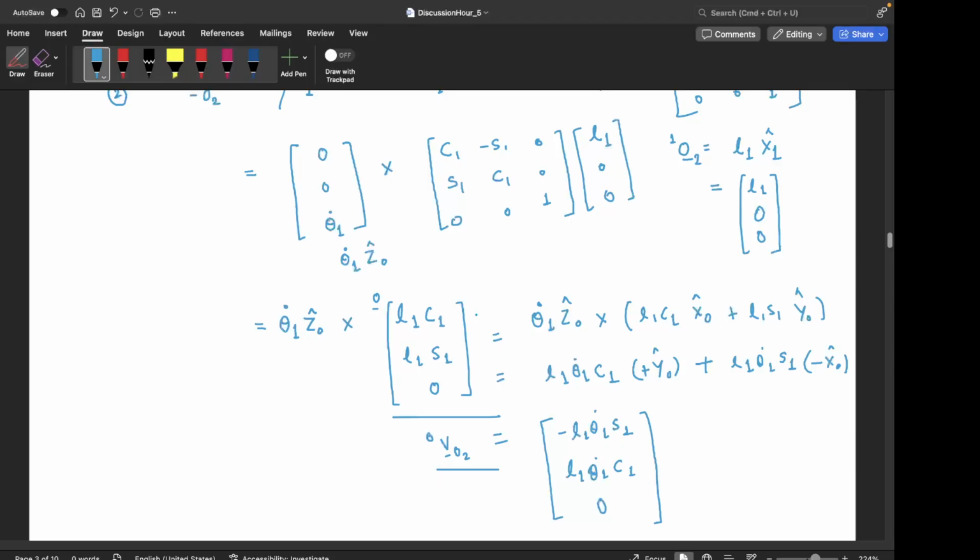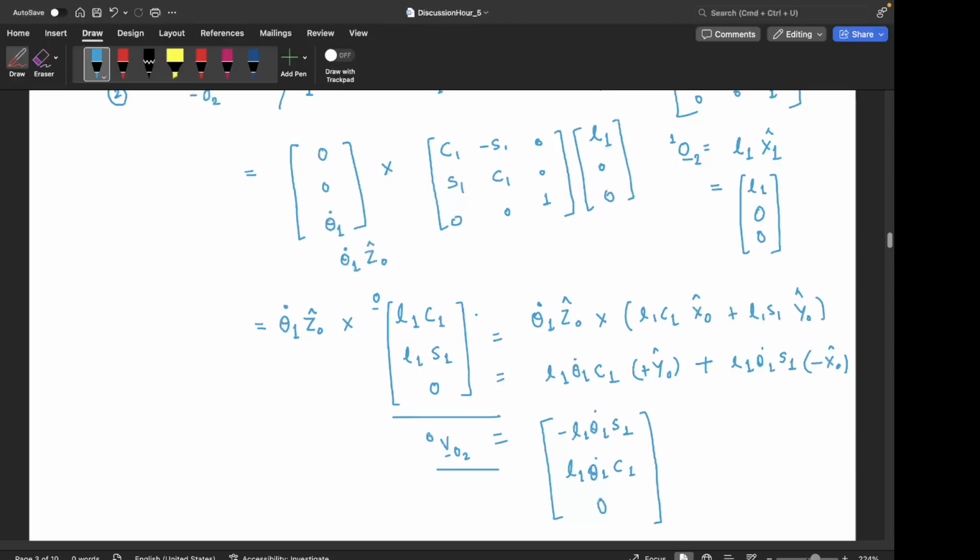Let's say I am saying this vector represents the velocity of frame 2 with respect to frame 1, right? Now when I have to do computations, I have to write or express that vector in a specific frame, right?